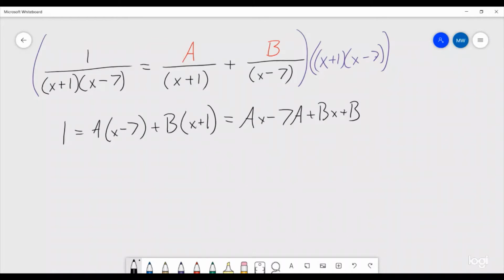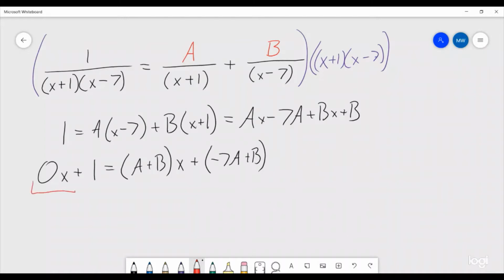If we rewrite that, we have 0x plus 1 is equal to (a plus b) times x plus (negative 7a plus b). We can then pair up the matching terms, so 0x must be equal to (a plus b)x, and 1 is equal to negative 7a plus b.